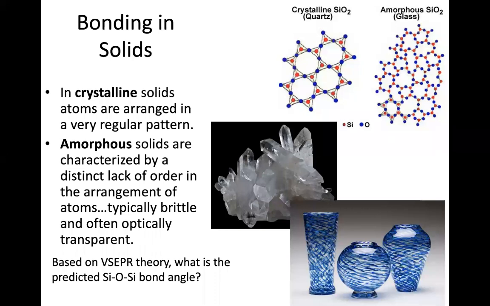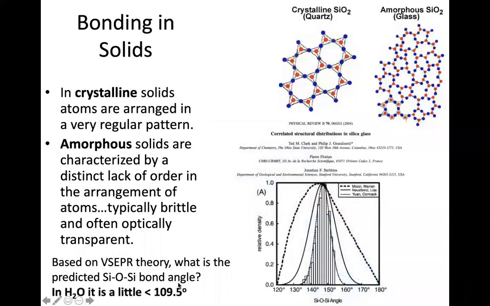We had a similar kind of linkage in H2O, right? Hydrogen, oxygen, hydrogen. What would VSEPR predict? What kind of bond angle would you have at the oxygen there? VSEPR theory would say, okay, you've got two lone pairs and two bonds. You would begin with an ideal tetrahedral and say, okay, the lone pairs take up a little bit more space, so it squishes it a little bit smaller. That's how we predicted bond angles. VSEPR would say, yeah, it might be a little bit smaller than 109.5.